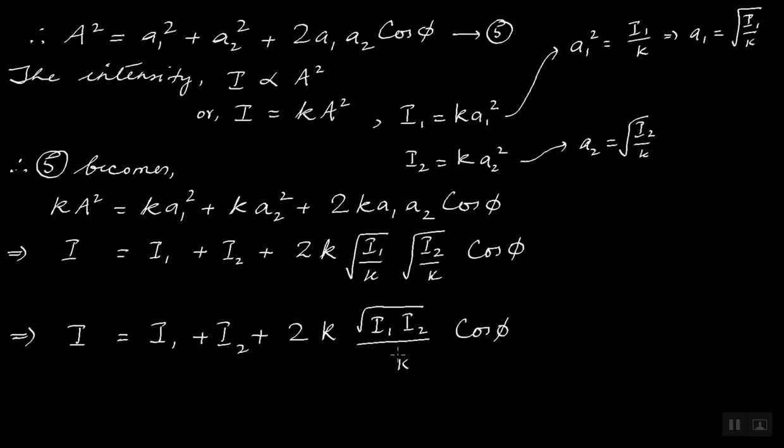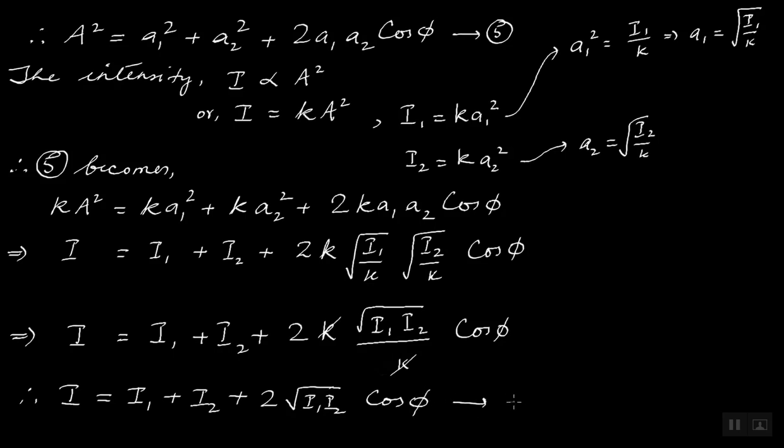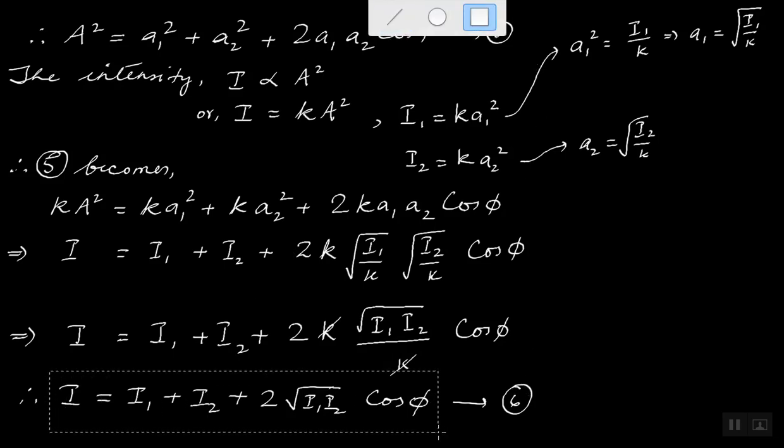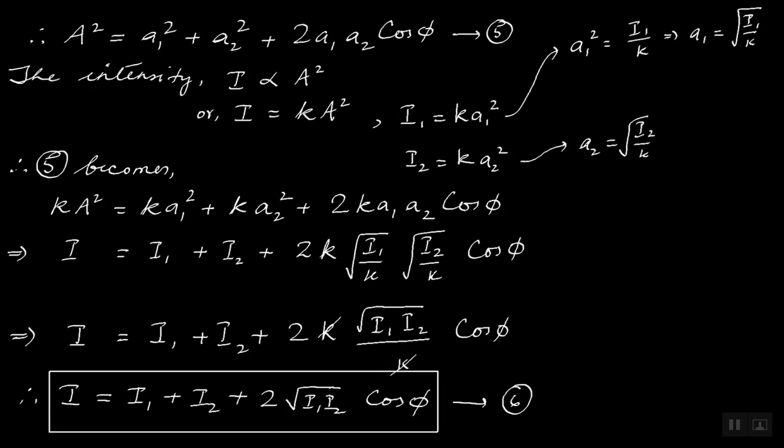Now this k and this k will be cancelled. So therefore my final equation will become I1 plus I2 plus 2 root I1 I2 cos phi. Okay, call this equation 6. This is the expression for the intensity due to the superposition of the two waves.